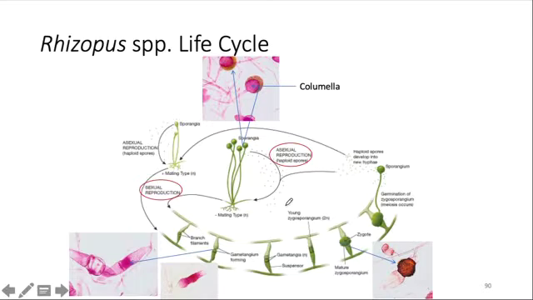For the sexual reproduction to take place, there are two strains of the Rhizopus that have to come together: the donating cell and then the accepting cell. So the donor cell is designated positive, the accepting cell is designated negative. And because you need cells of these two strains to come together, it is not too frequent compared to the asexual stage in terms of spore production.